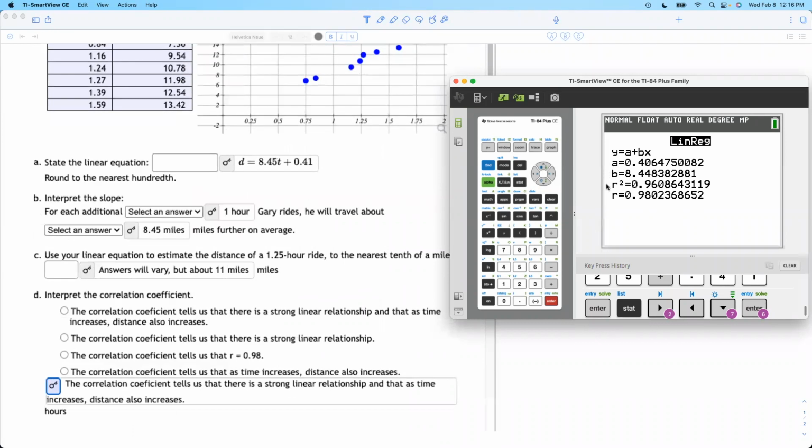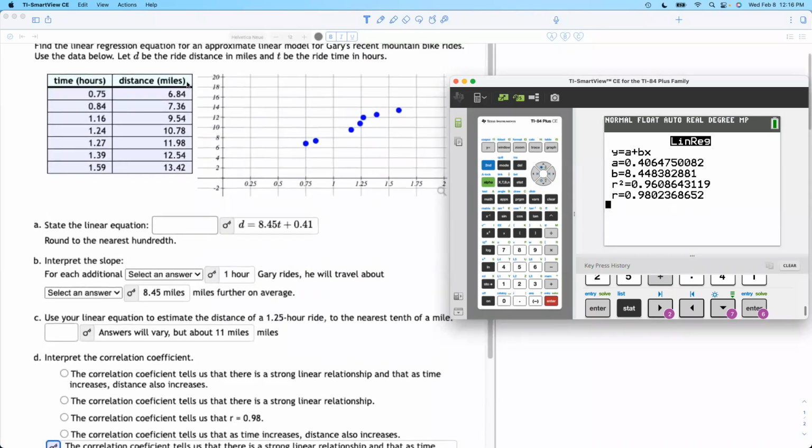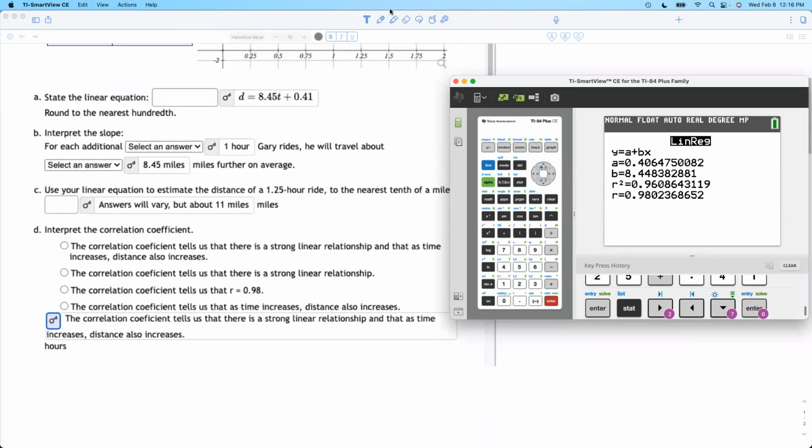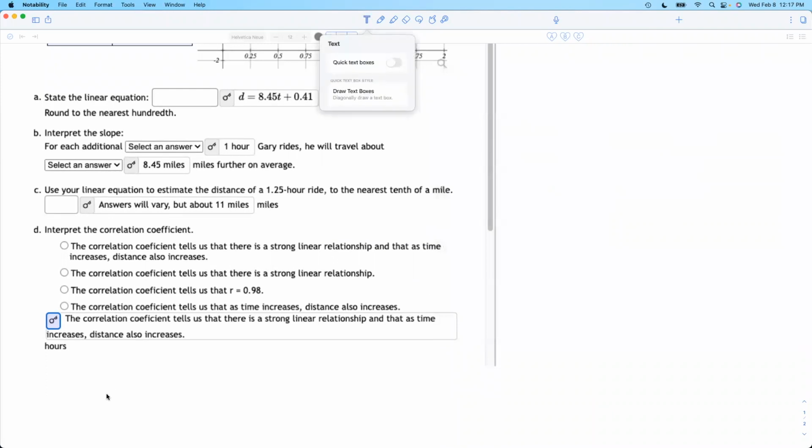Okay, and then the question didn't ask for it, but how would we interpret R squared here? R squared, make sure you write this down. You might have a question on the midterm about this. R squared is the percentage of variability in Y accounted for by the model. Who's playing the role of Y here? Miles. So if I were to interpret R squared here, I would say 96%. I just turned R squared into a percentage.